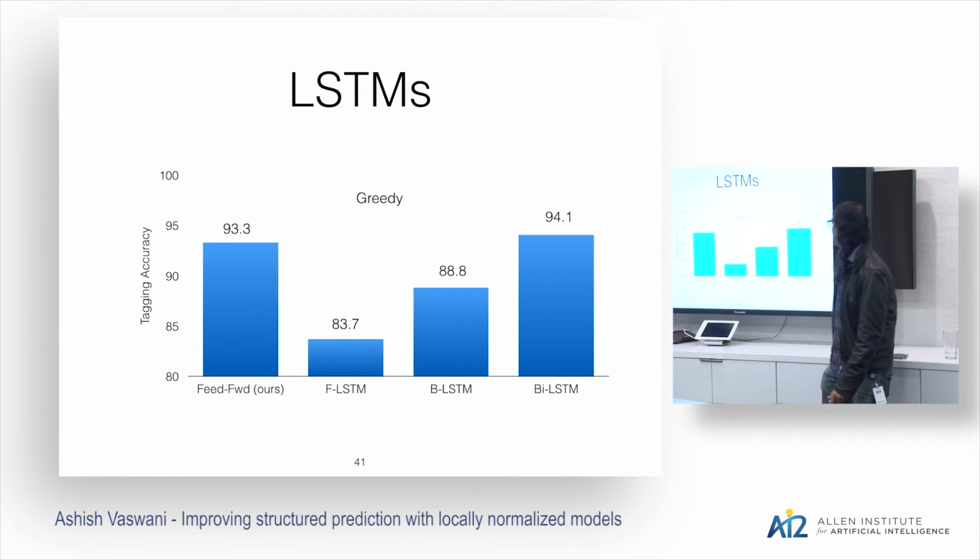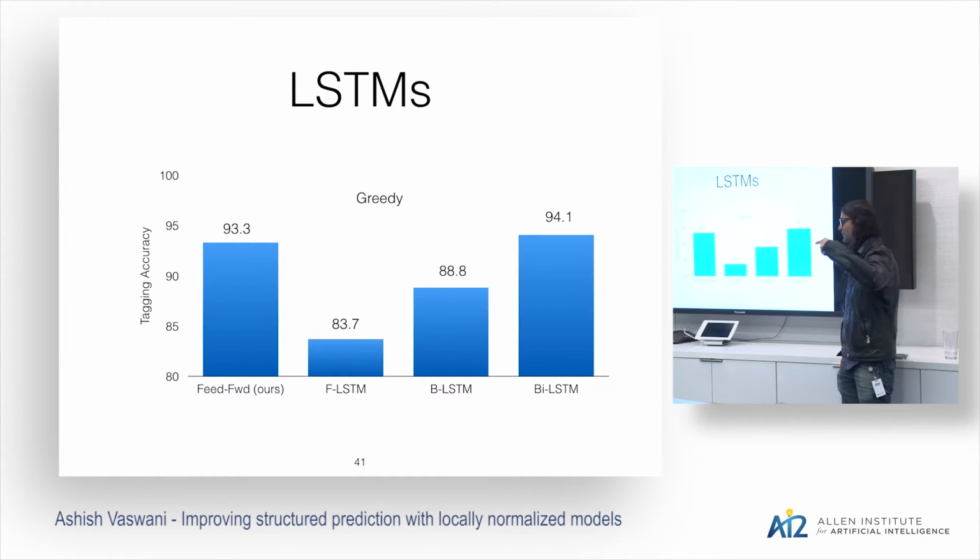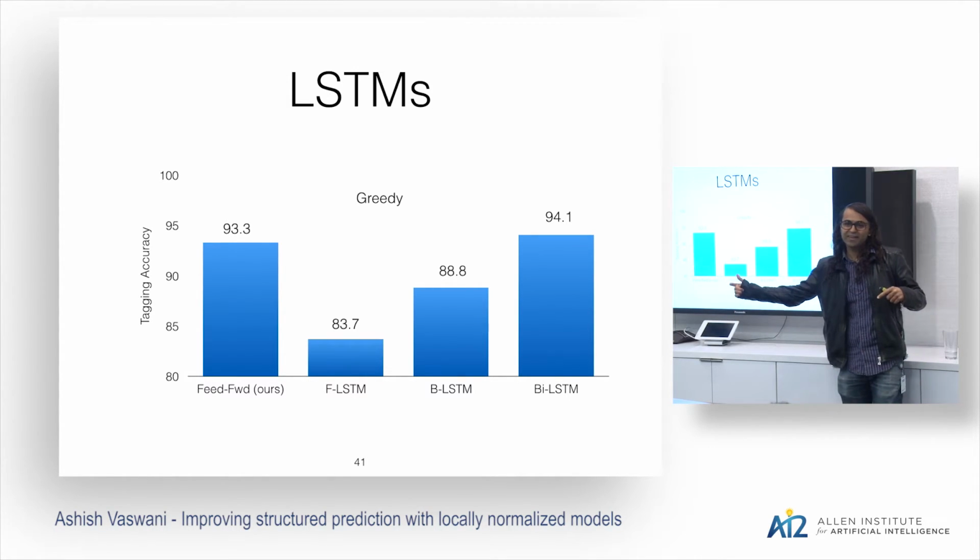Okay, so now here's some comparison and some ablations. When we train a feed-forward model, we get 93.3. When we only train a forward LSTM, which can only look at the subjects of verbs as it's moving forward, it gets really poor accuracy. A backward LSTM can look at the objects of verbs, and these are the supertags that are the hard ones to get.